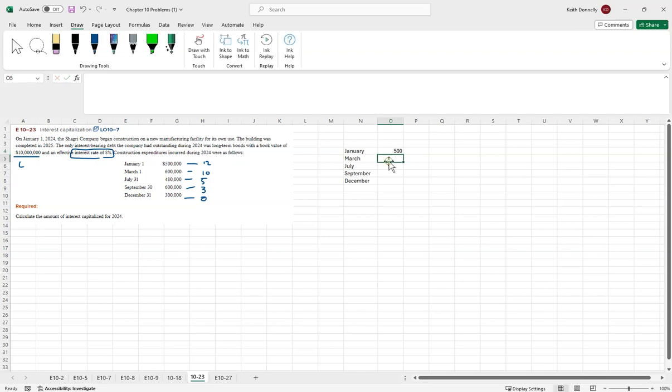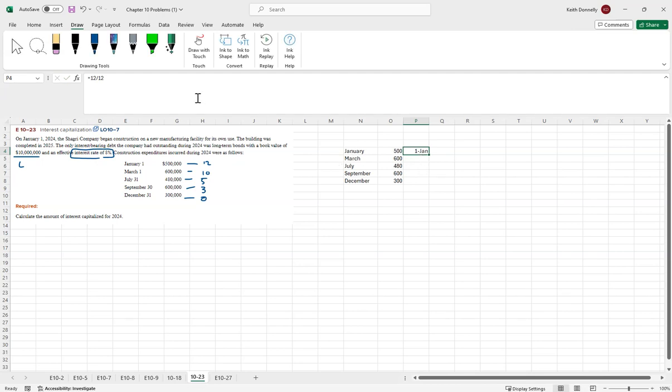So it's 500, 600, 480, 600, 300. And what we will do is divide by how many months it's been floating out there, divided by 12. So 12 divided by 12.